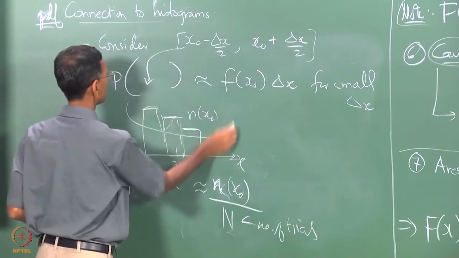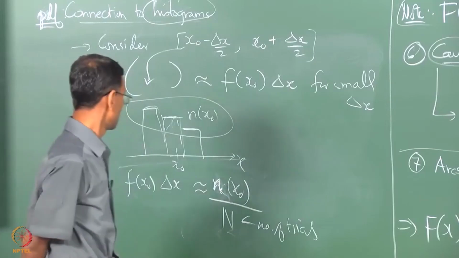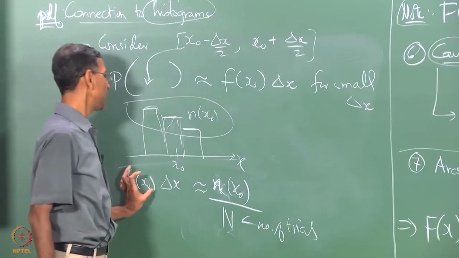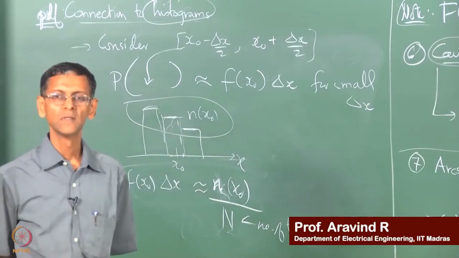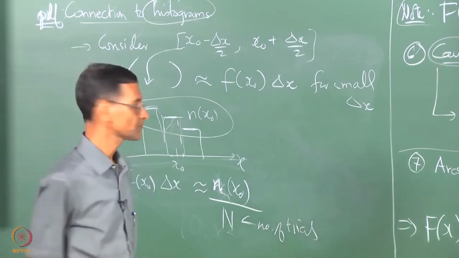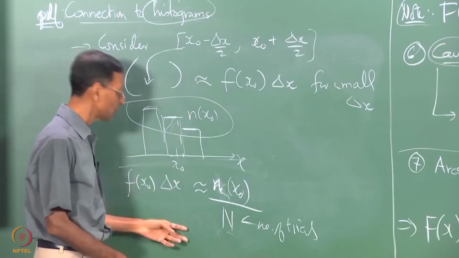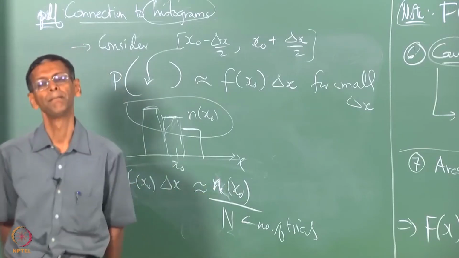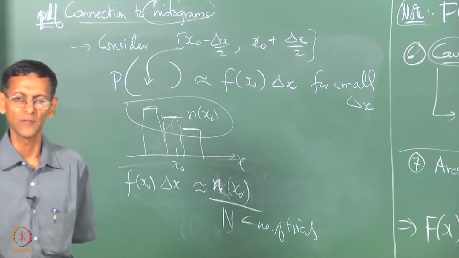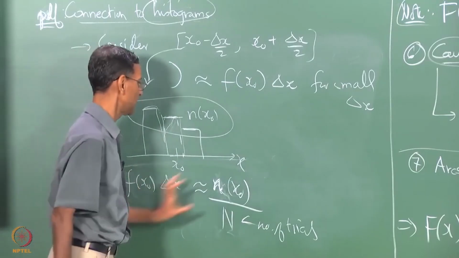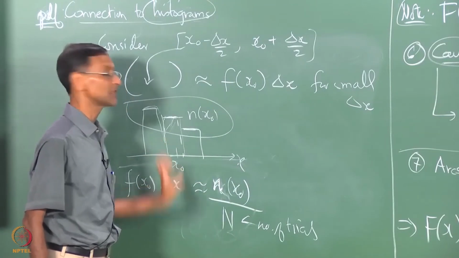This kind of a plot, again as I said, is a histogram. So what is it saying? That the PDF value at any x naught is proportional to the histogram count. If you want to remove the delta x, you have to say this is proportional to that. So there is obviously this connection. The PDF is not totally unconnected from probability. It models exactly this probability of getting an observation in this interval.